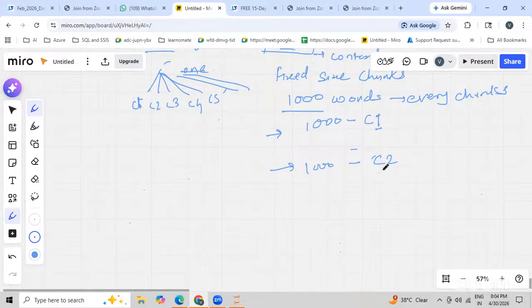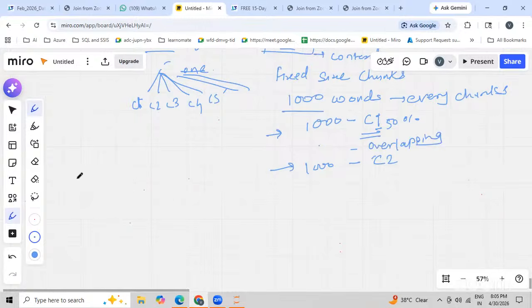Now, if someone provides a prompt, the answer will come from only this chunk, which has only partial information. This is not sufficient, because suppose we have only 50% of the information in chunk one. So for that we require overlapping.